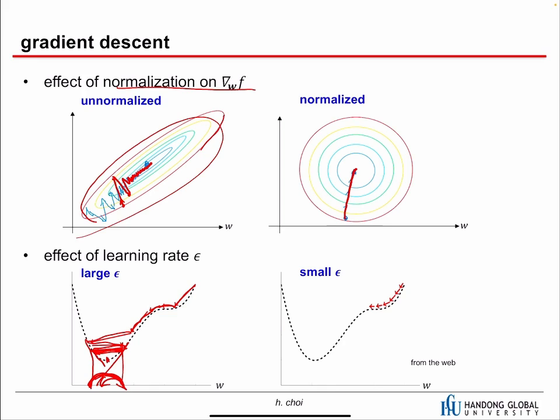But when it is small, then at the beginning of this process, it takes a lot of time. Okay, so it takes a lot of steps. And moreover, the problem is here. We call it plateau. When the plateau is long, like this, then if the learning rate is small, then it will stop around here. The gradient is almost zero.